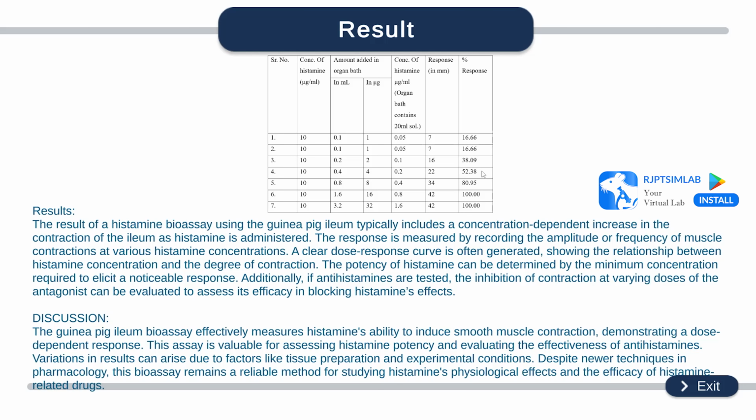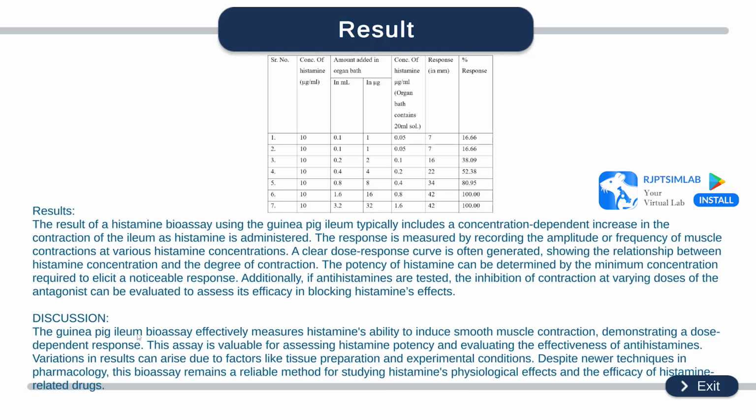You can see the different percentage responses of different concentrations of histamine, and a clear dose response curve is also generated. The relationship between histamine concentration and the degree of contraction is also seen. The potency of histamine is determined for the unknown solution, which is required for a noticeable response. And additionally, if antihistamines are tested, which means antihistaminic drugs are tested, the inhibition of the contraction at various doses of the antagonist can be evaluated to assess the efficacy in blocking histamine's effect.